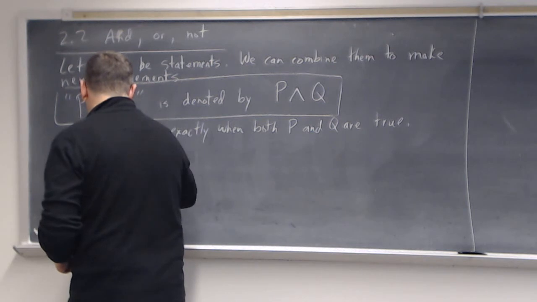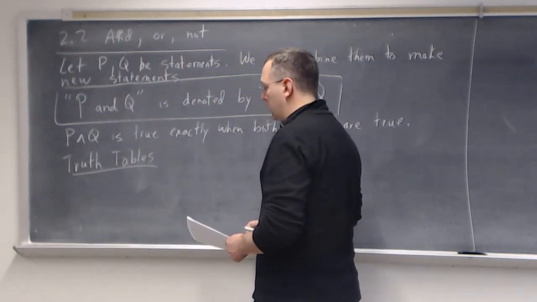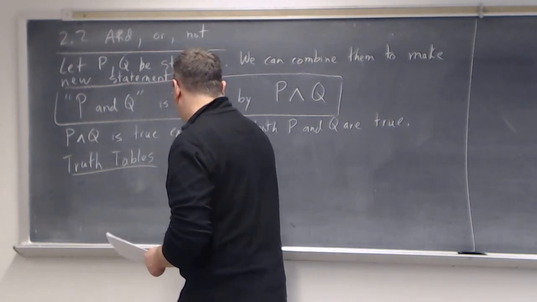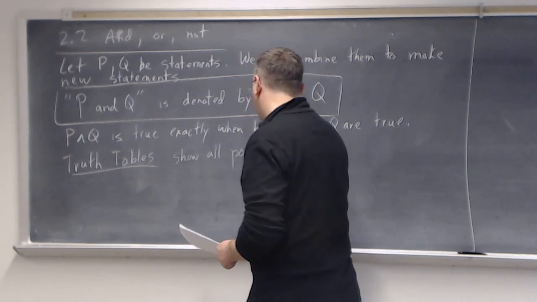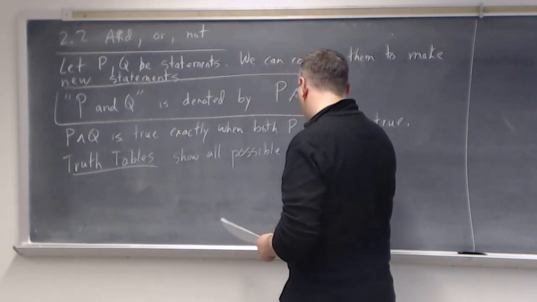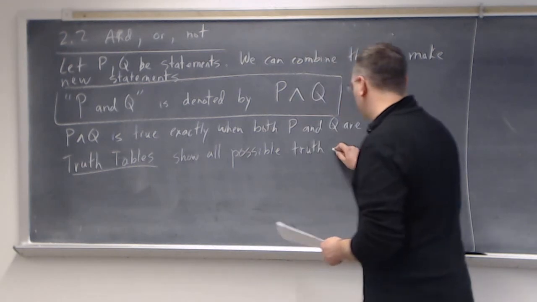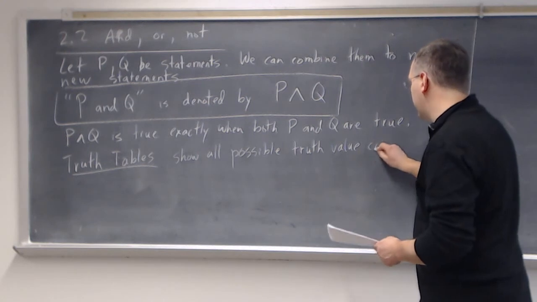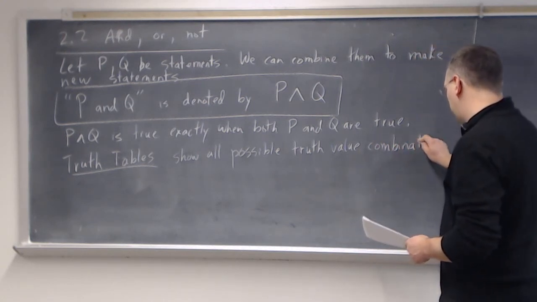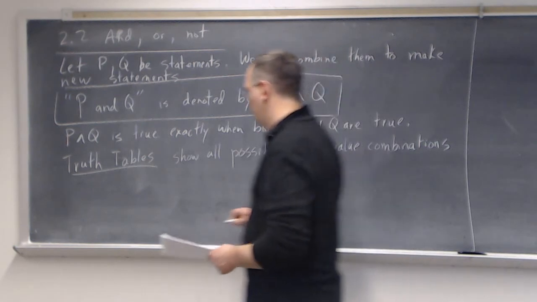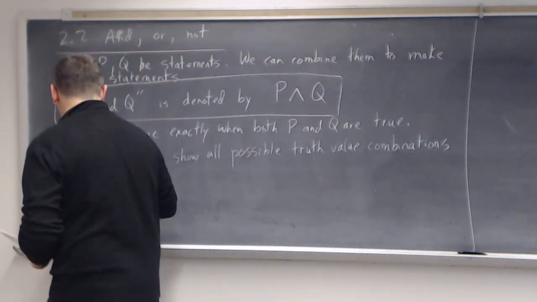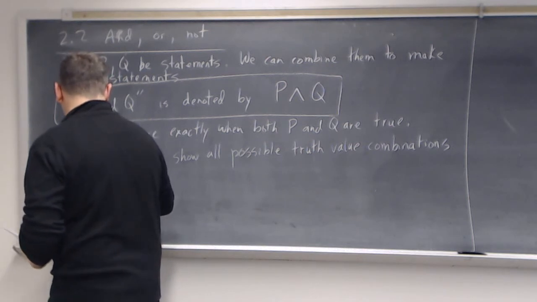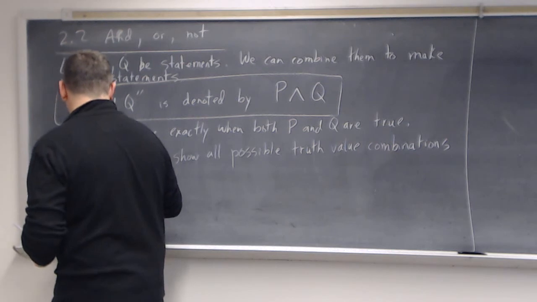The truth tables show all possible truth value combinations for a statement.